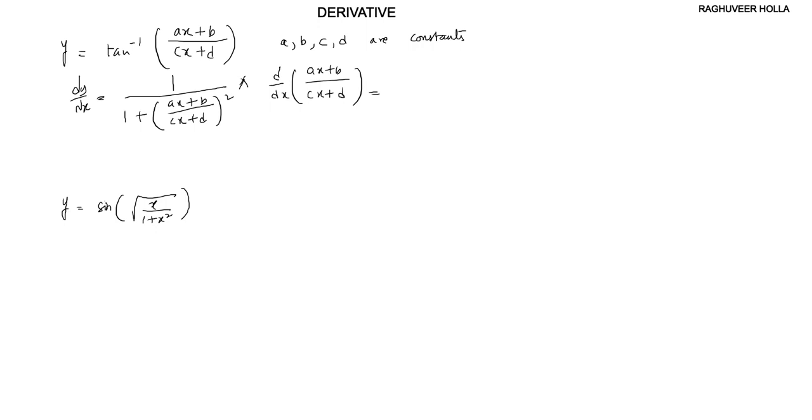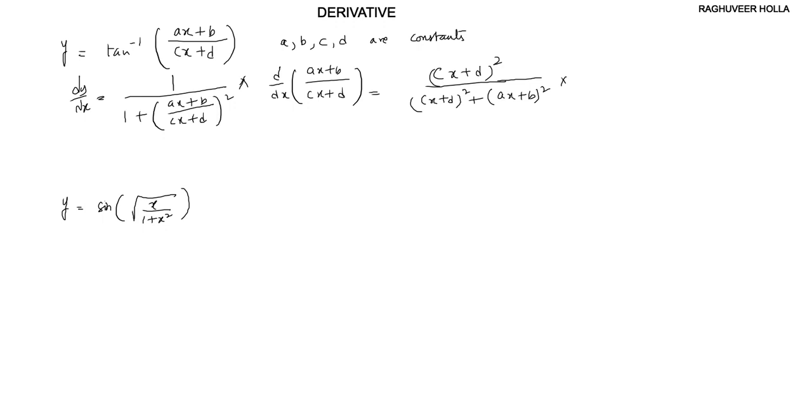differentiation of (ax plus b) by (cx plus d). Now when you simplify the first part of it, we get this as (cx plus d) whole square divided by, now this in the denominator will have (cx plus d) whole square plus (ax plus b) whole square, right?